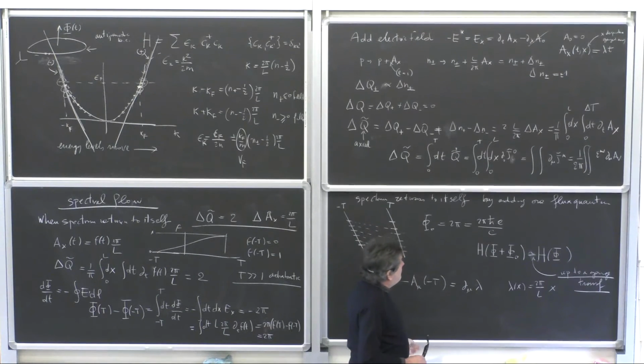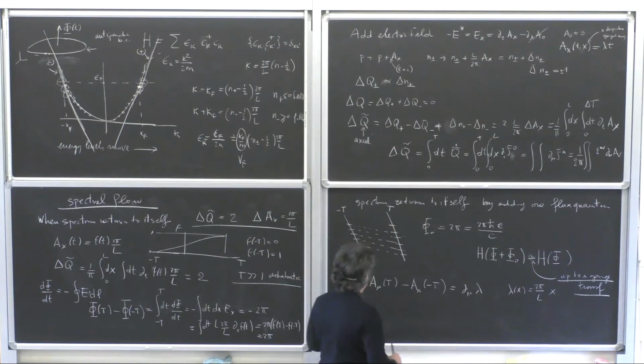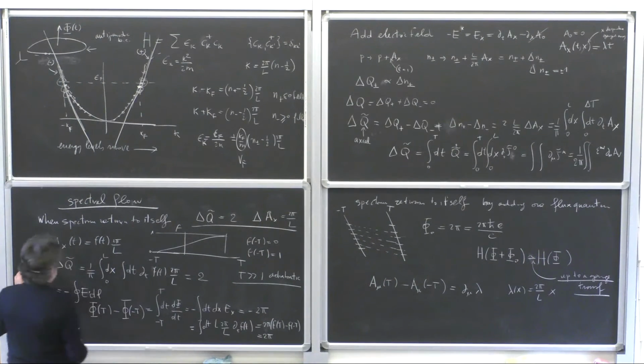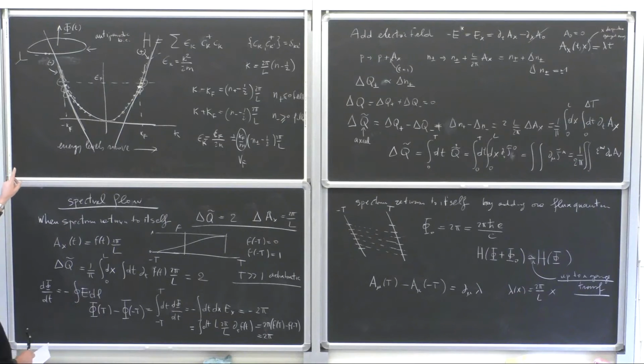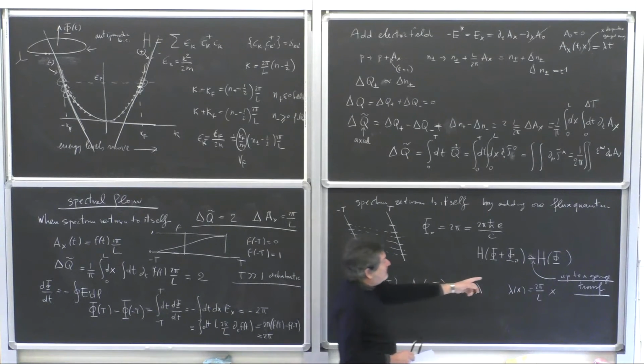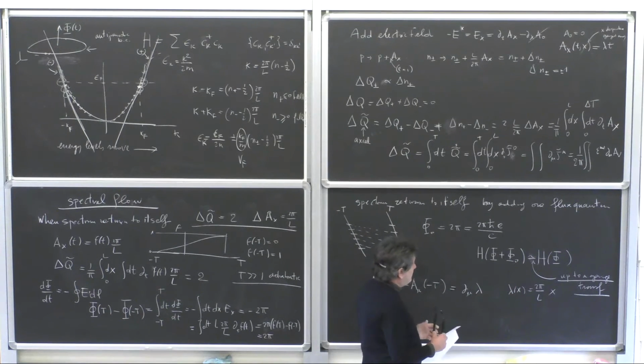So the conclusion is that when you do the spectral flow, you come back to the same spectrum. If you imagine the system embedded in a larger space, you insert a flux quantum like this. Or if you want, the Hamiltonian returns to itself up to a gauge transformation, which is of this sort.